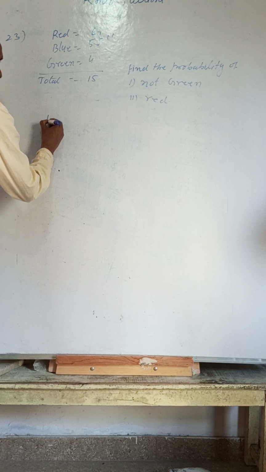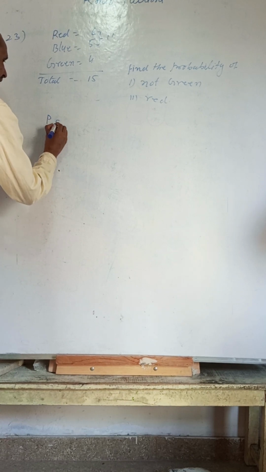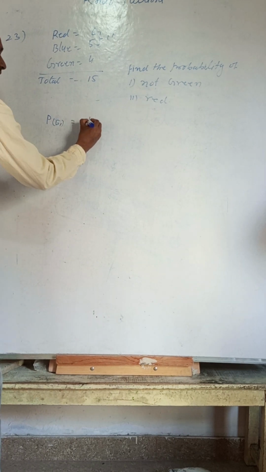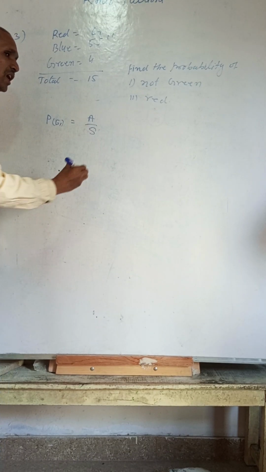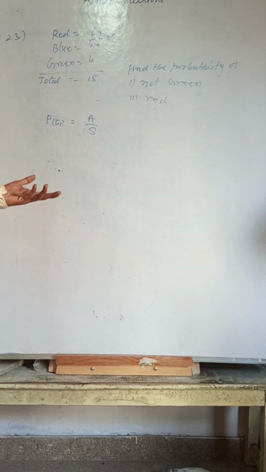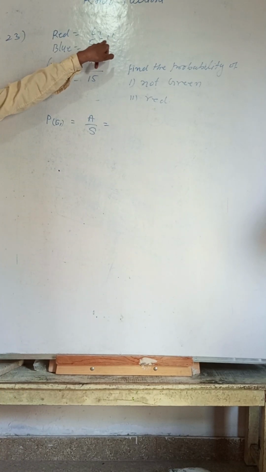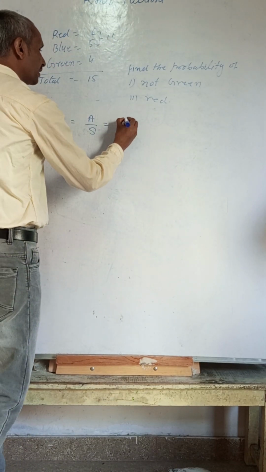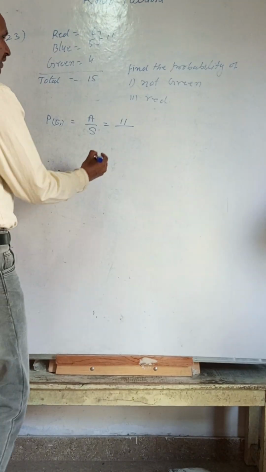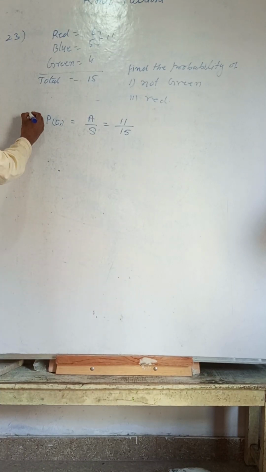So we can write probability of event A, P(E), is A by S. A means occurrence, S means sample space, the total. How many are not green? 11. And the total balls are 15. So 11 by 15 is the answer for the first one.